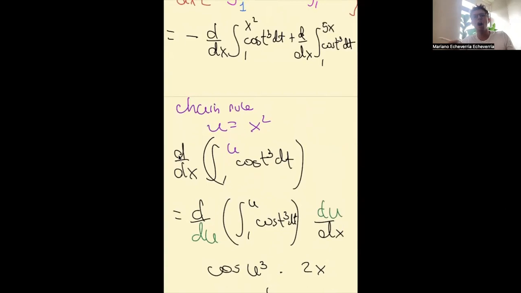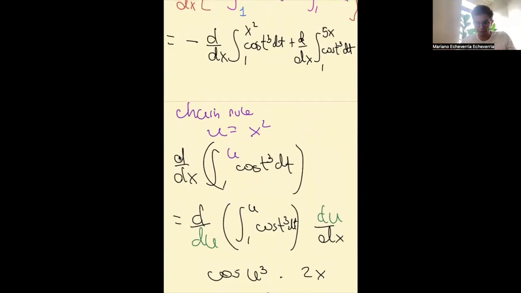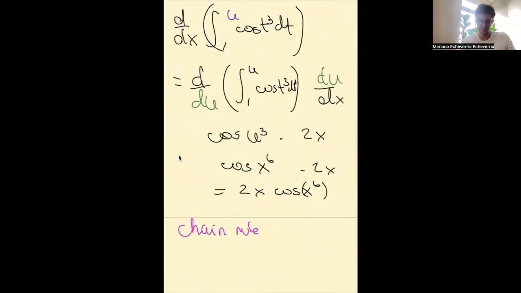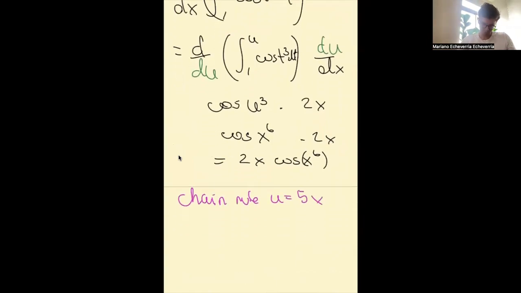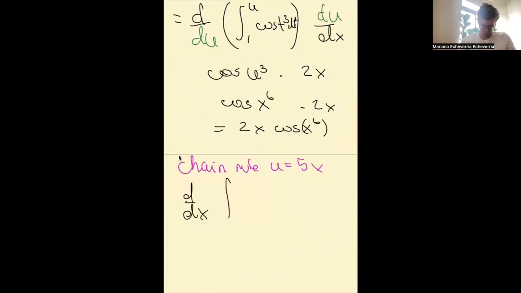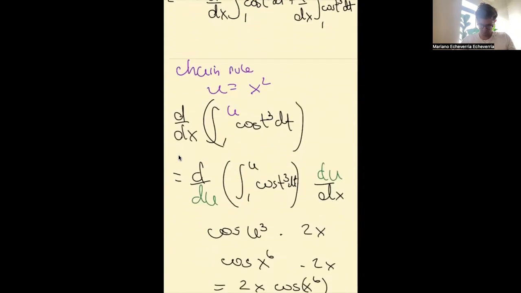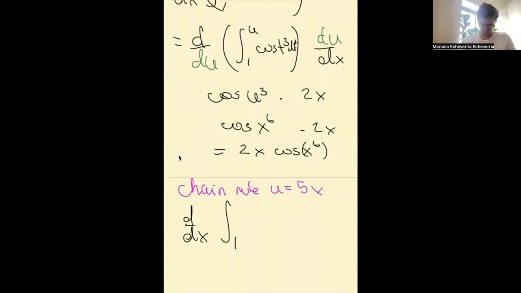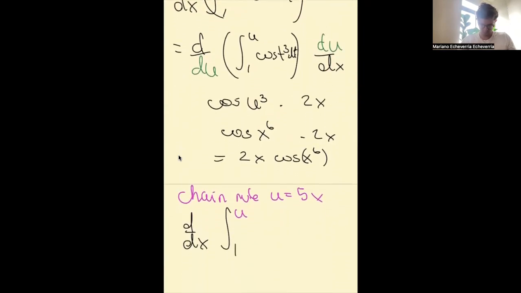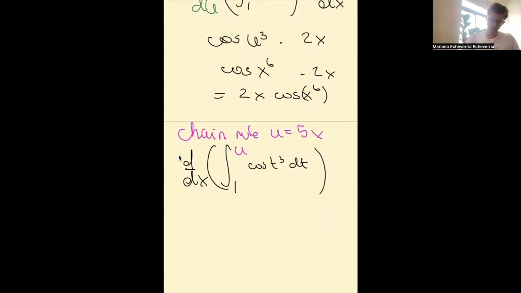Okay. Then the other one is exactly the same, but what should be u in this case? u should just be 5x. And I apply the same logic. I use the chain rule.